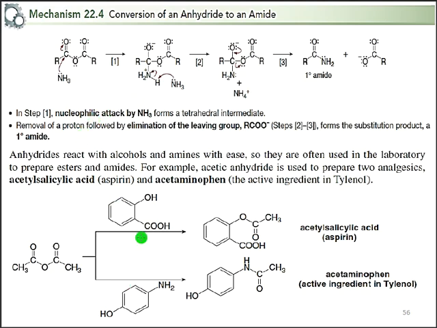And we have here two examples of how we convert the anhydride to acetylsalicylic acid, aspirin, and also acetaminophen. Both of them are drug compounds used for the treatment of some diseases.